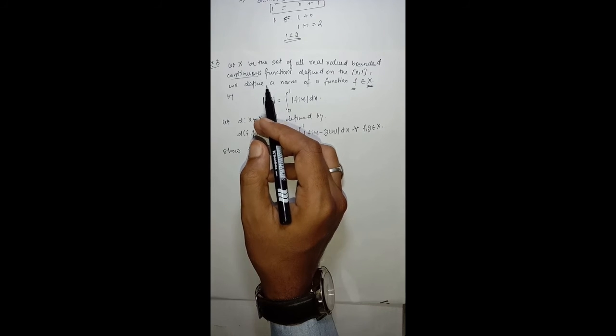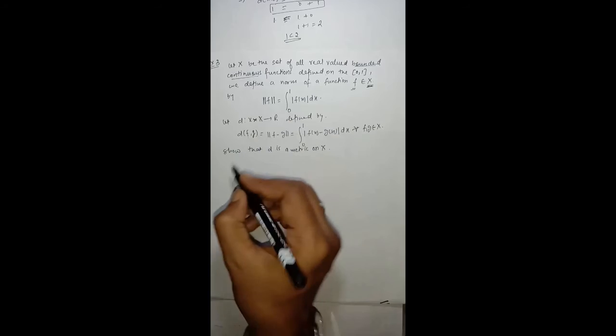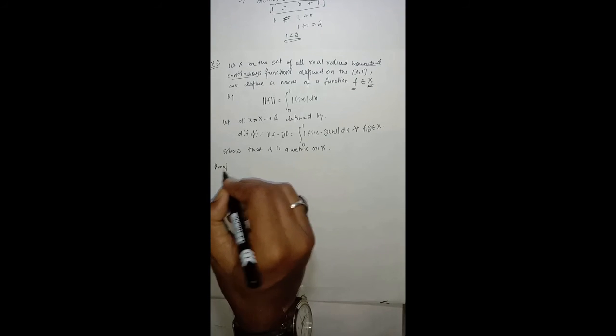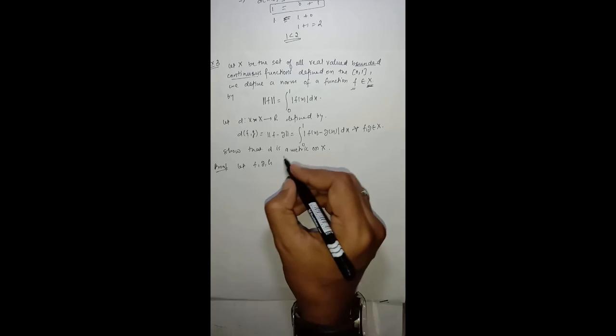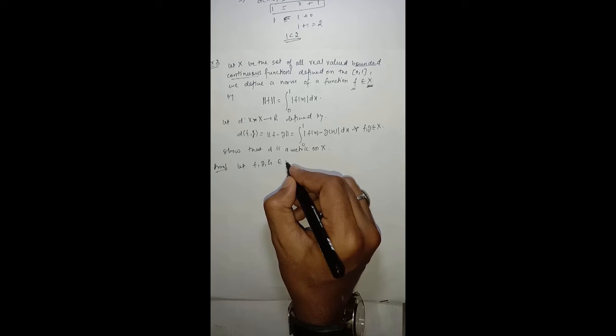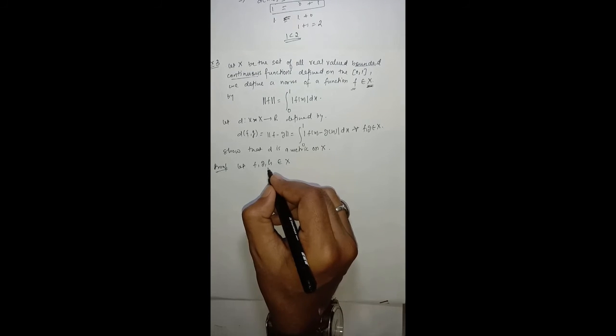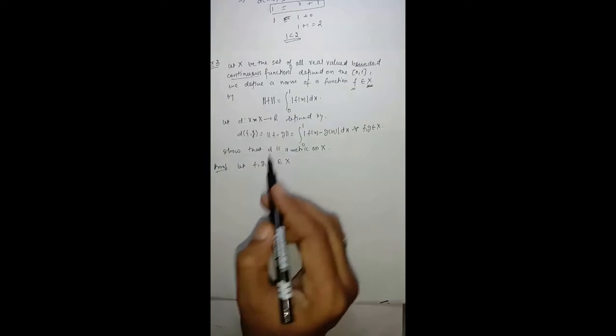Now we shall show that the mapping d satisfies all four properties or axioms of a metric on X. Let f, g, h be any arbitrary elements of X, and the elements are functions, and the functions are bounded and continuous.